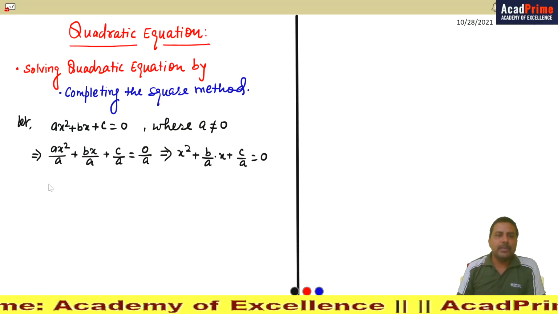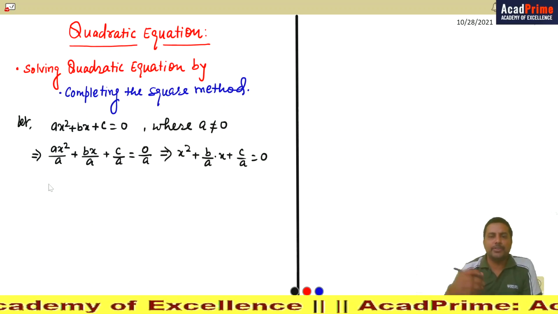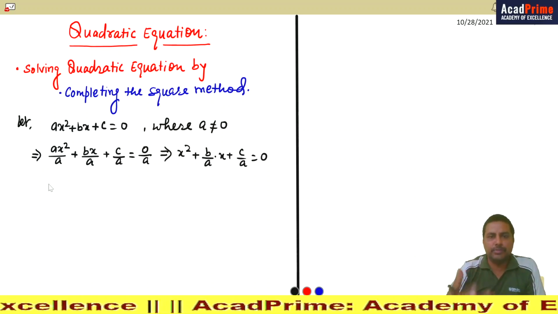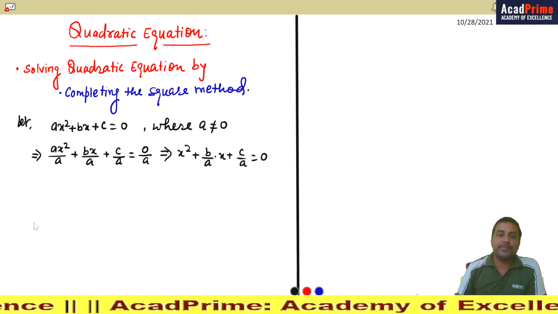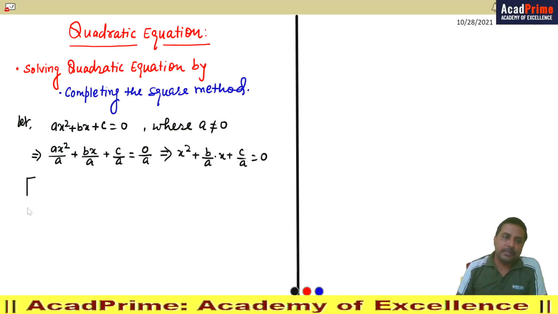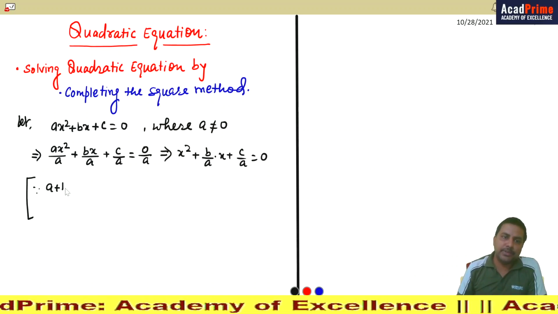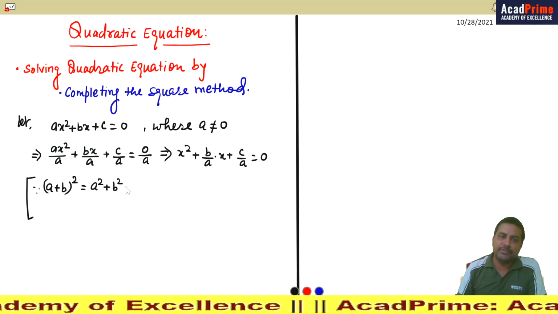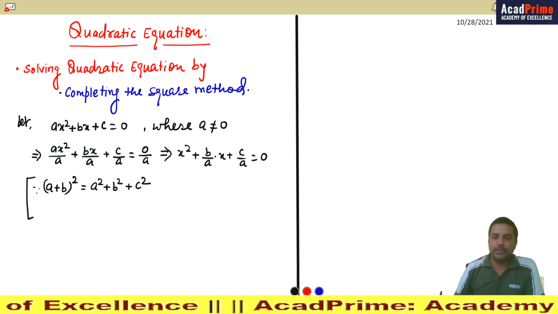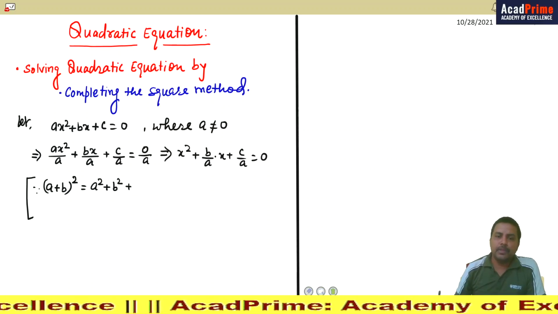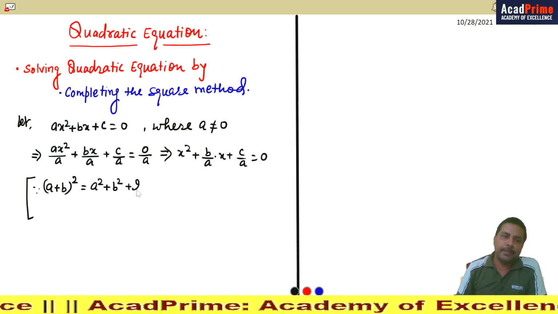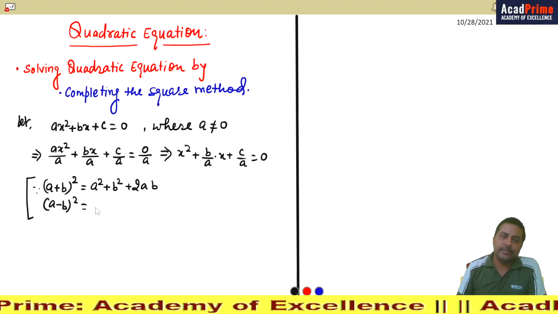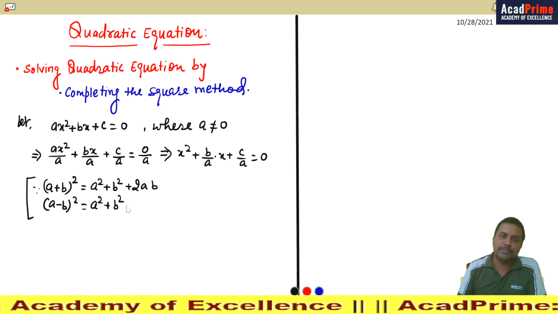Okay, so here you have to keep in mind how to frame this expression. That means we are just going to use two of the equations here. One is your a plus b whole square, and you know that a plus b whole square is what? a square plus b square plus 2ab, and a minus b whole square is equals to a square plus b square minus 2ab.